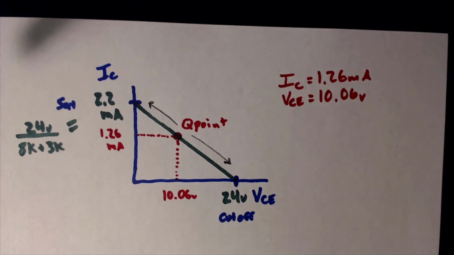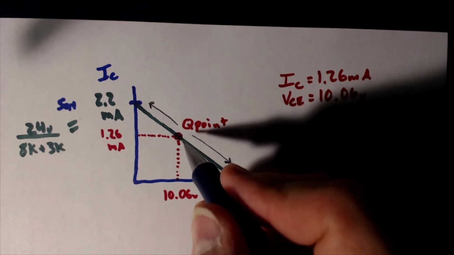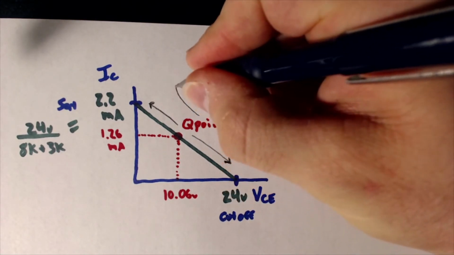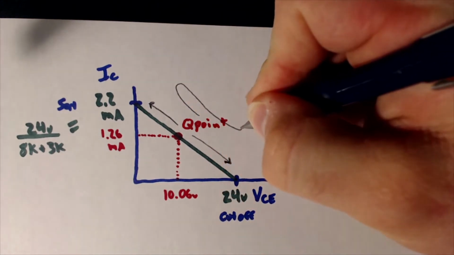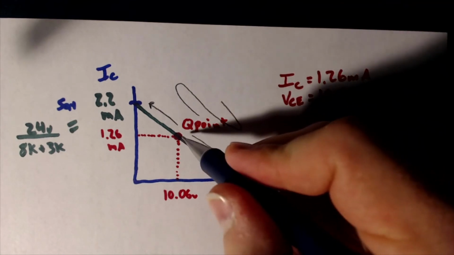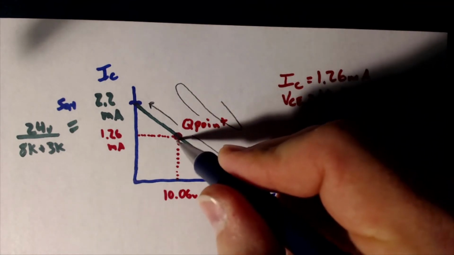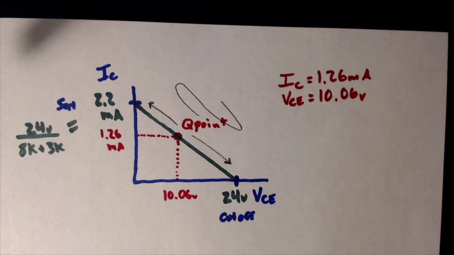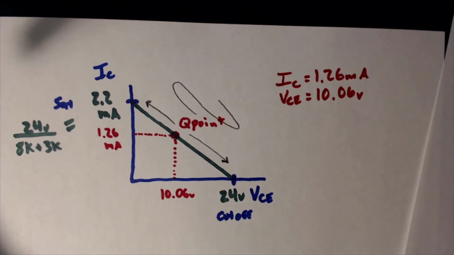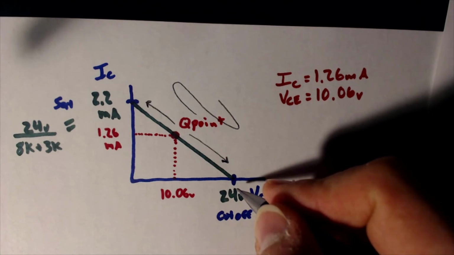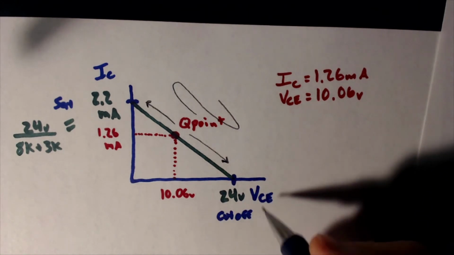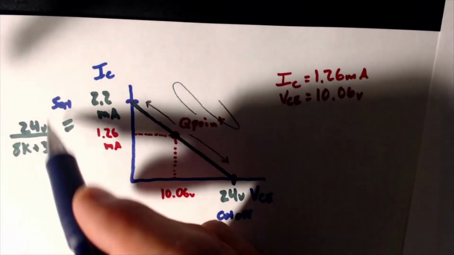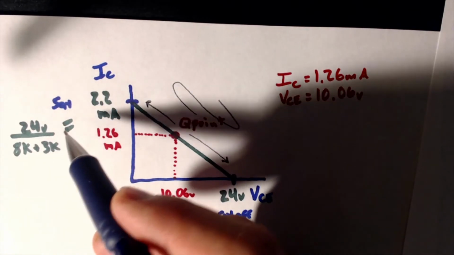Now, notice that this Q point starts off before a signal even changes, before we have a signal that's going up and down. Our transistor has to be biased in the center of this linear region, right? I should say, the cutoff area is not good for amplifying, nor is the saturation region good for amplifying.